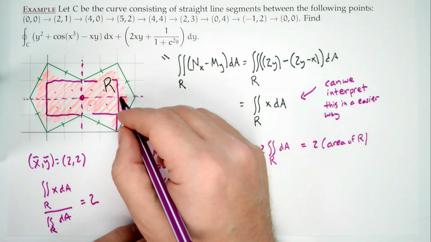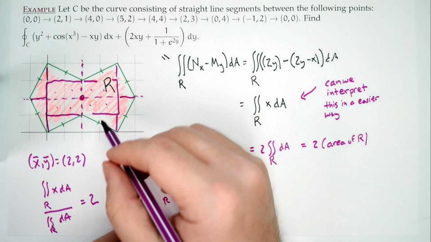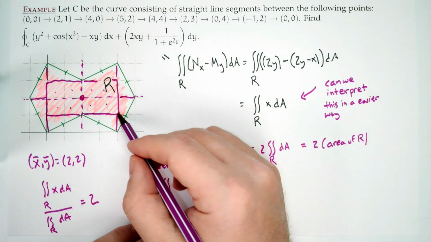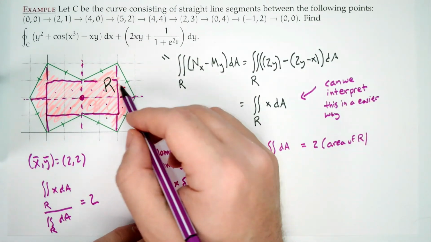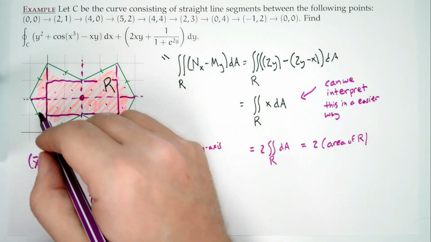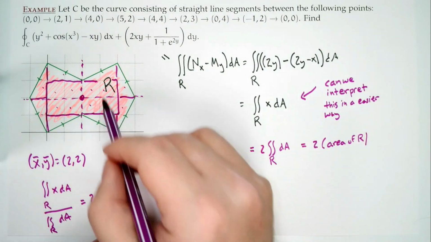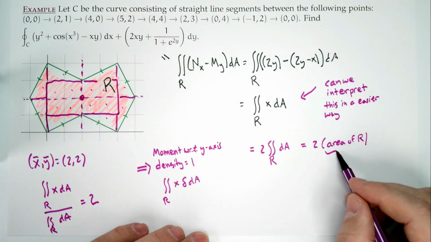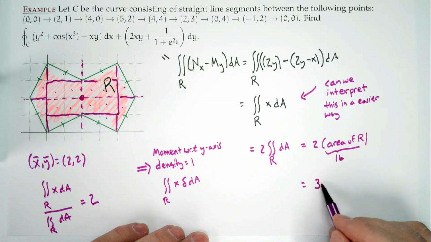And then we can break off these little triangles here. Each triangle has base 2, height 1, so each triangle has area 1. There's 1, 2, 3, 4, 5, 6, 7, 8. What does that mean? Well, if you add the 8 triangles plus the 8 squares, the area of R is going to be 16, and therefore this integral is 32.